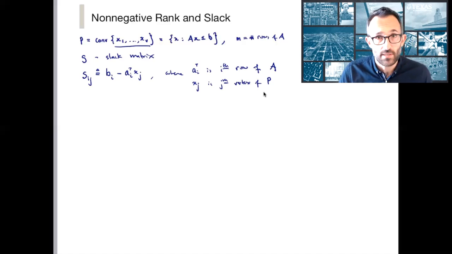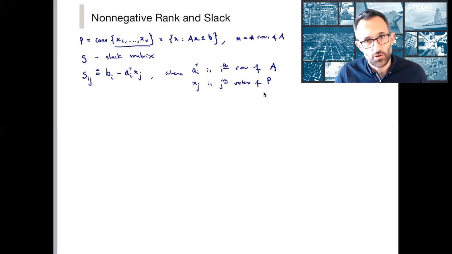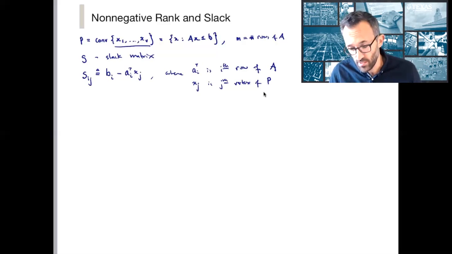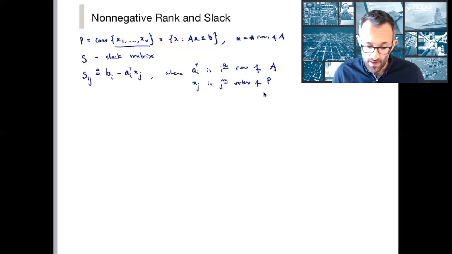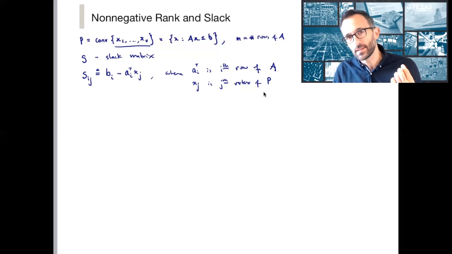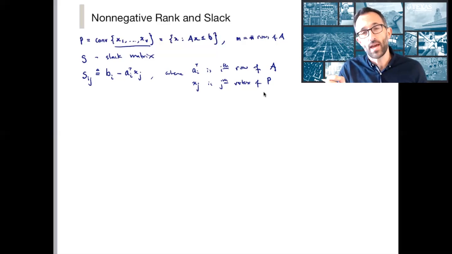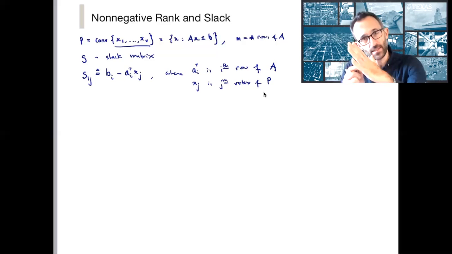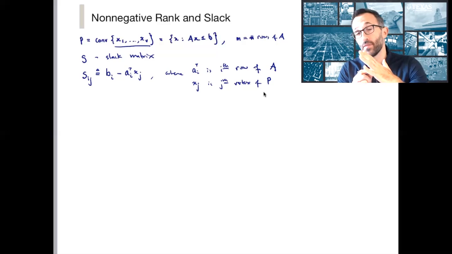So this is a matrix that has all non-negative entries because every extreme point, of course, is feasible for every constraint, and therefore the slack is going to be greater than or equal to 0. And when is Sij equal to 0? Sij is equal to 0 if the vertex xj lies on the face described by that inequality.